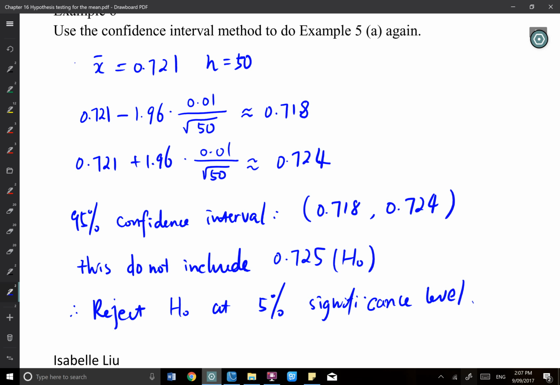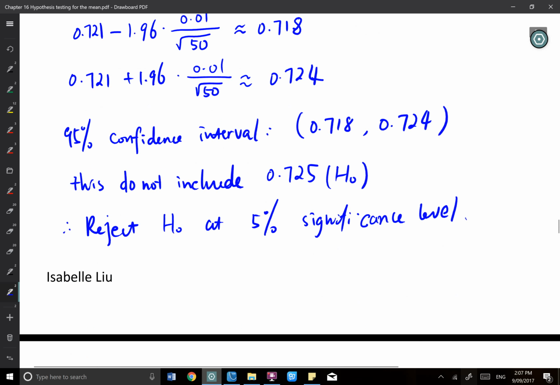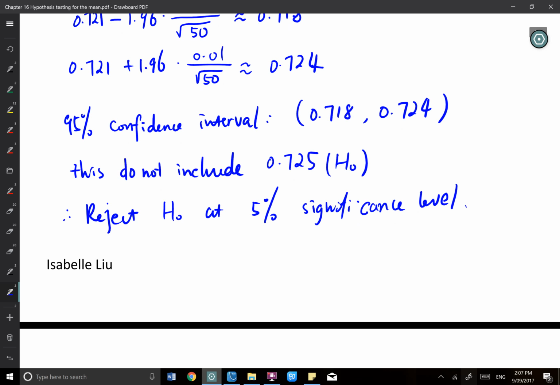If it's 95% and does not include that, it means it's the 5% error, so I shouldn't keep H0. I should reject it, which is the same result as before.